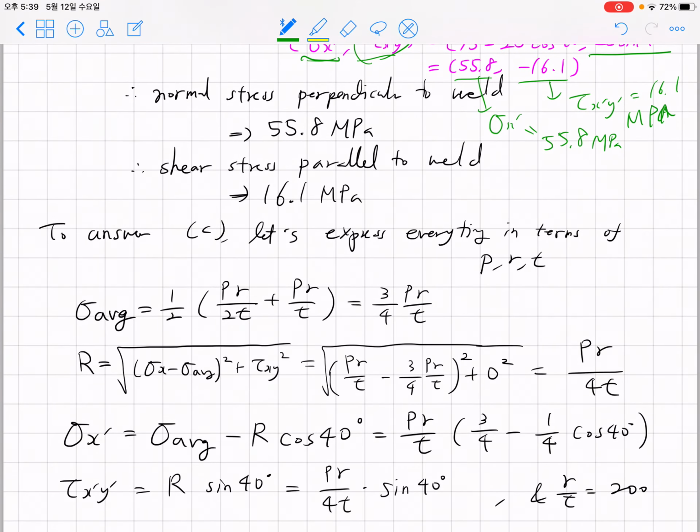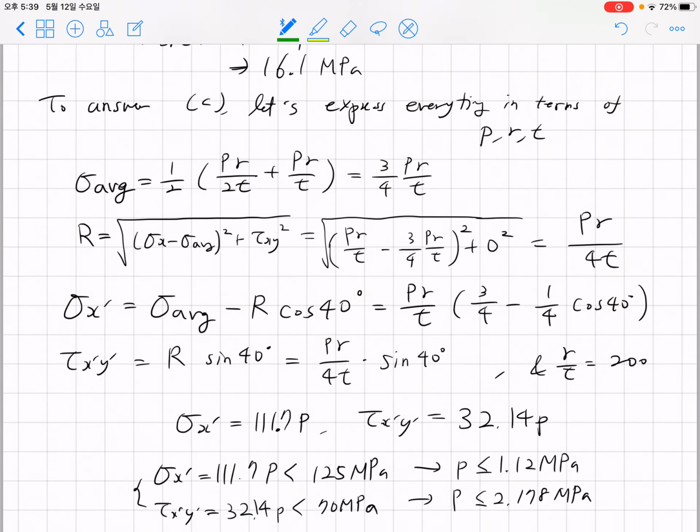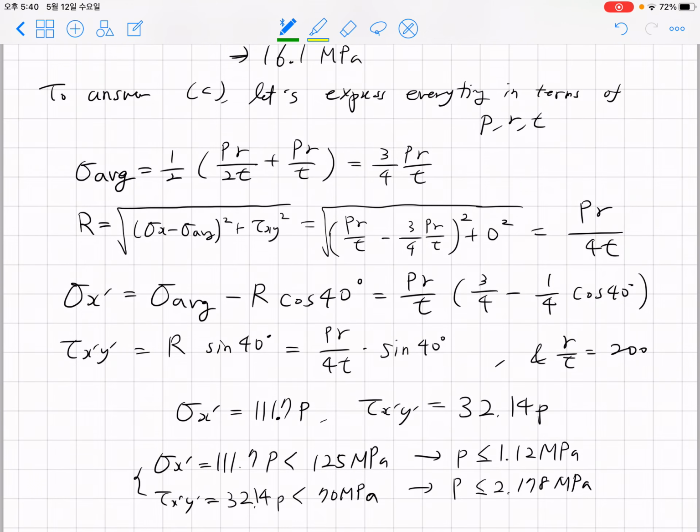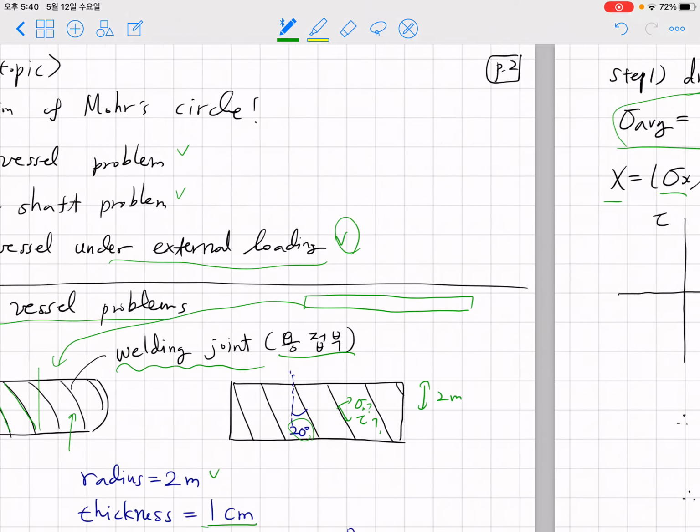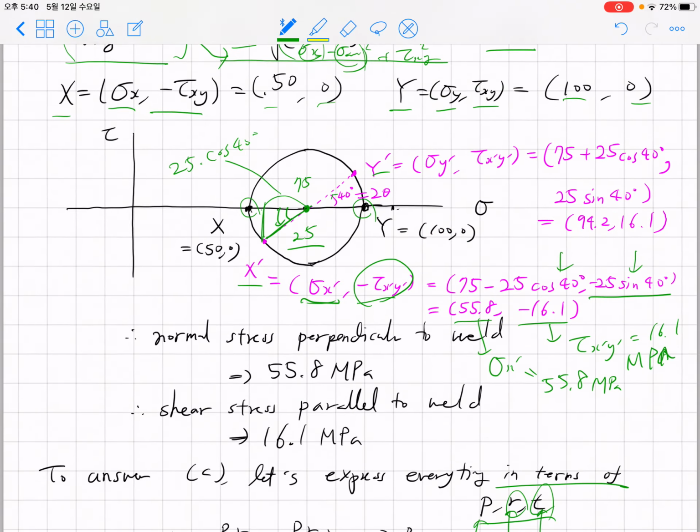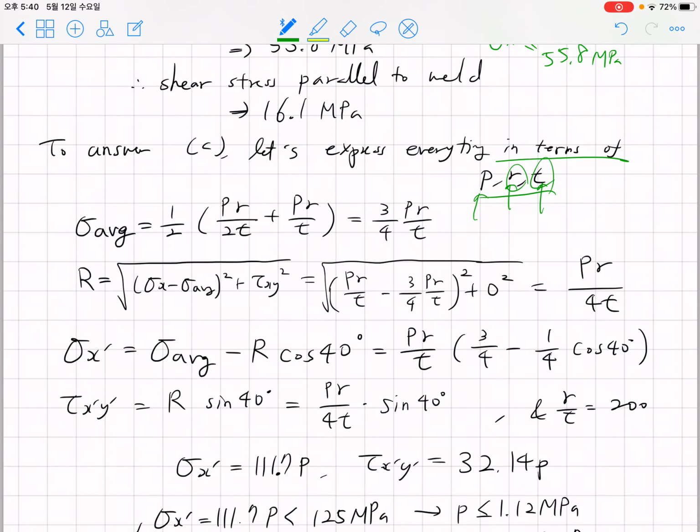Now the third question, problem C, gives us the material strength only, and it didn't give us information about pressure. So what we have to do is express everything in terms of geometry: pressure P, radius R and thickness T. Of course, we can use R and T as 2 meter and 1 centimeter, but I prefer to use a general expression for the normal stress.